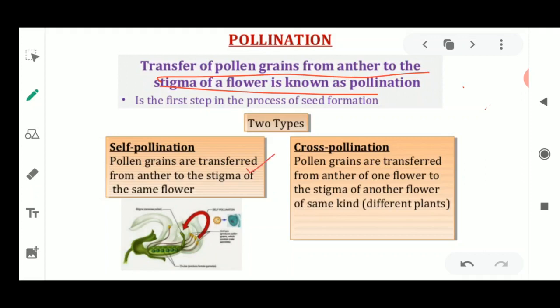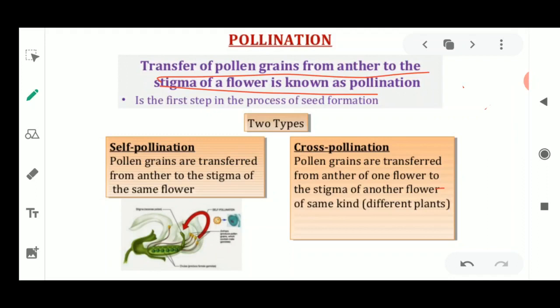And cross pollination means the pollen grains are transferred from the anther of one flower to the stigma of another flower of the same kind, on different plants. This is known as cross pollination. So it is very easy to understand now: if the flowers are different, it is cross pollination, and if it is the same, it is self pollination.